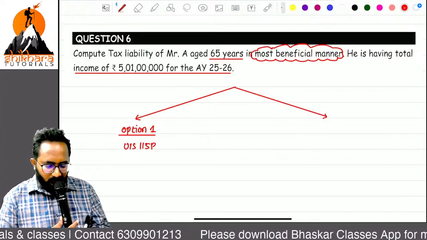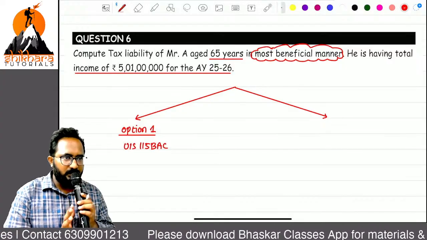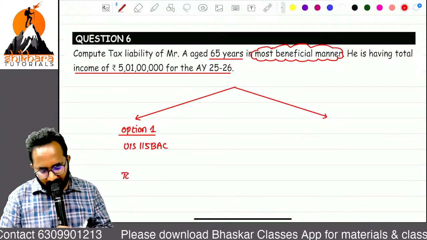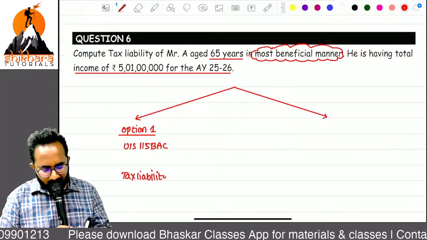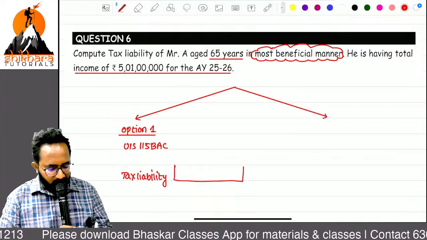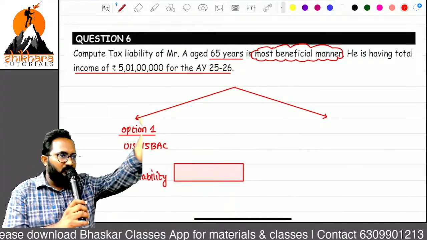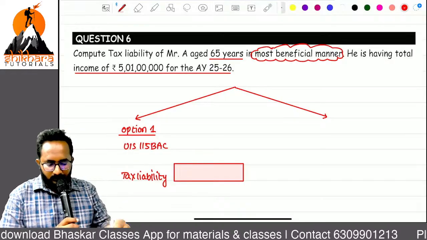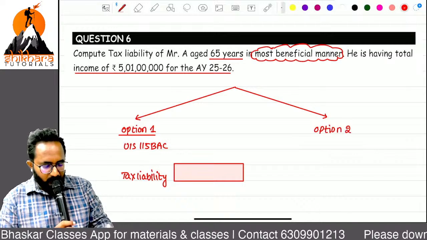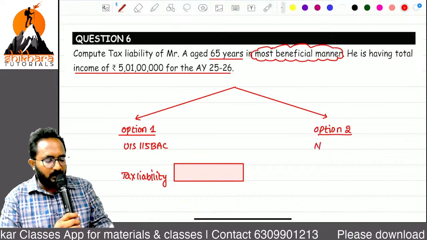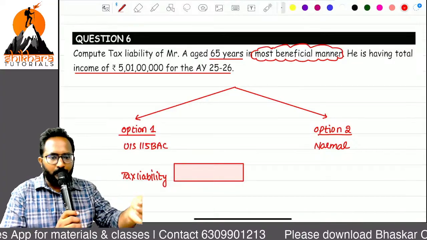As per section 115BAC, please calculate the tax liability. Whatever tax liability we get under section 115BAC, we can substitute here. Second, you can opt out from 115BAC to the normal. Second, we have option 2. Yes, you can follow the normal tax rates. That is what we call the old regime or optional regime.